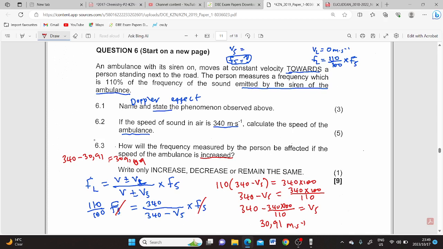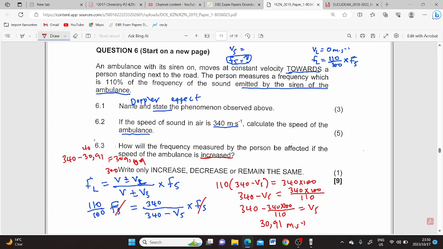Now they're saying the speed of the ambulance is increased. So if it's increased, let's say to 40, when we subtract here, the answer will be 300. Now it means the denominator is decreasing. So if it is decreasing, what will happen to the output? It means the frequency of the listener will also increase.